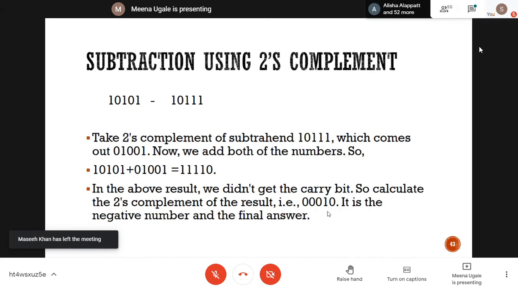After addition, there can be two cases. One is generation of carry: discard the carry, and the final answer is a positive number. If no carry is generated, it indicates the answer is a negative number, so you take 2's complement of the added answer, and that will be your final answer.